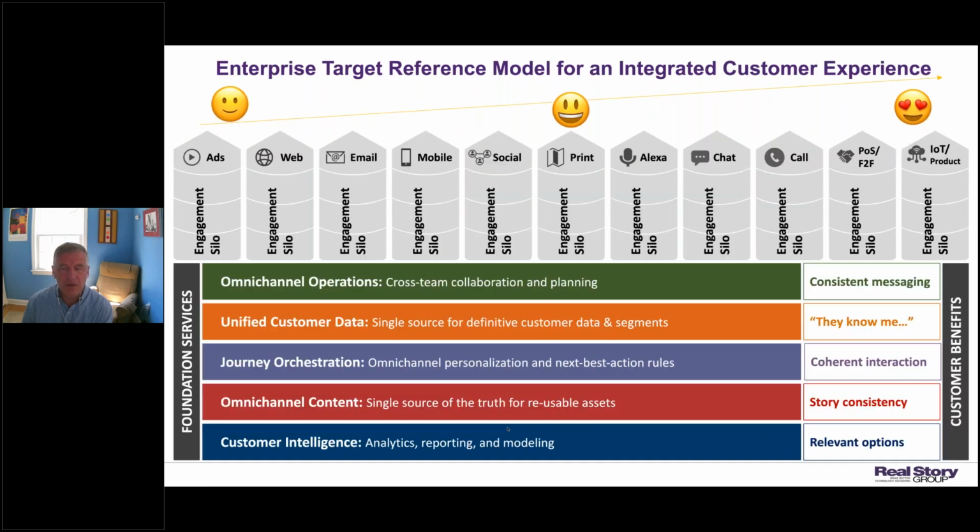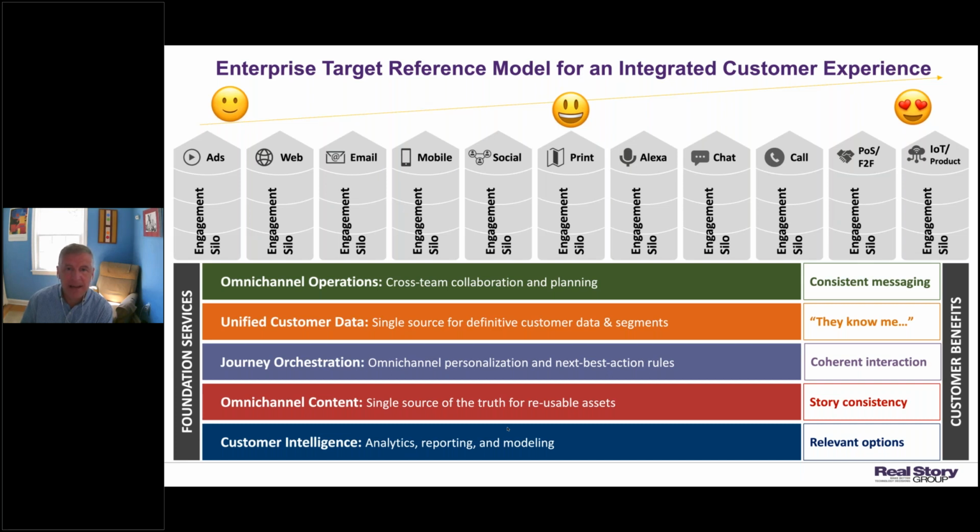This is what Real Story Group has been advocating for the past year or so as a reference model for the 2020s, where you still are going to have these different engagement silos, but you will have decoupled or abstracted out some really core services around omnichannel operations, unified customer data, which we believe is really table stakes, journey orchestration, omnichannel content, which is just emerging, and then certainly customer intelligence, some of the enterprise customer data services at a lower level that many of you have been maturing over the past decade. Now we really need to leverage that in terms of the sorts of models that are going to drive better customer experience going forward.